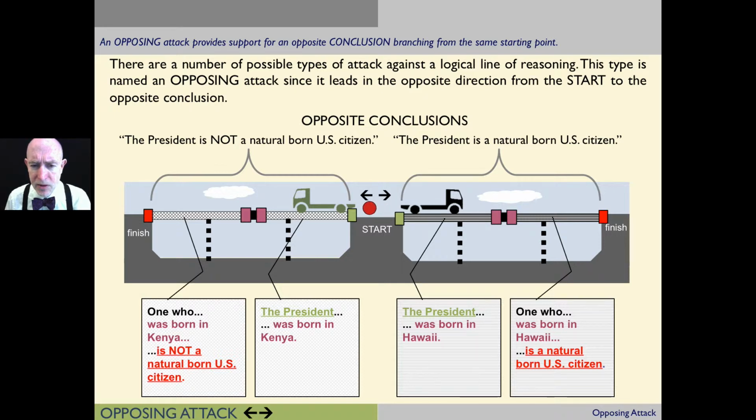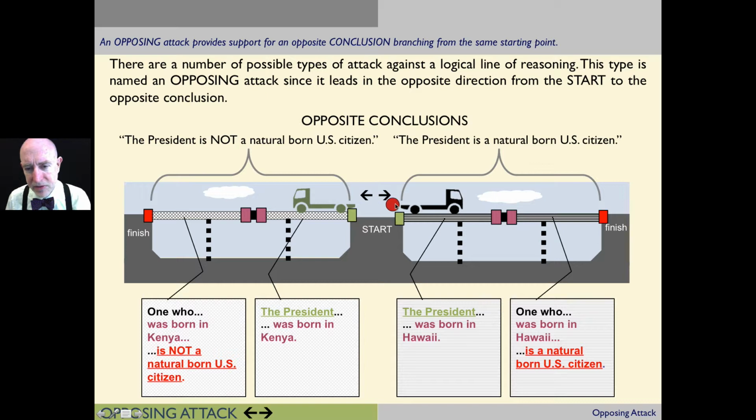And for example, if you were in trial, one of these could be the plaintiff, one of these could be the defendant, and you have the judge in the middle, and the judge needs to decide, looking at these two opposing lines of reasoning, which one is perceived to have the highest level of certainty, because the certainty can go this direction or it can go that direction.